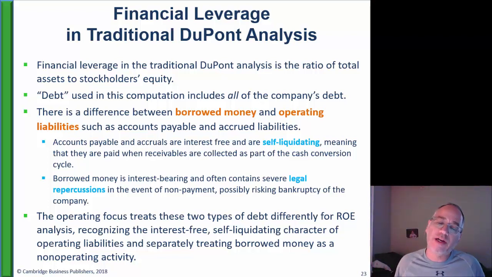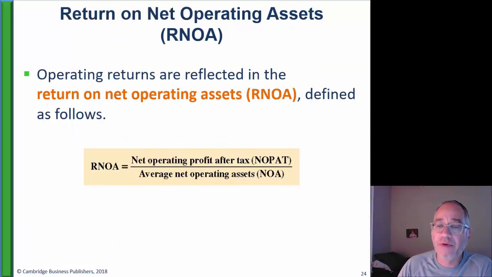So what we're going to do is break out our assets according to operating and non-operating. We're going to do the same thing with liabilities. We're going to break them out into operating and non-operating. And we're going to recompute return on assets, really return on equity, focusing strictly on the operating numbers.